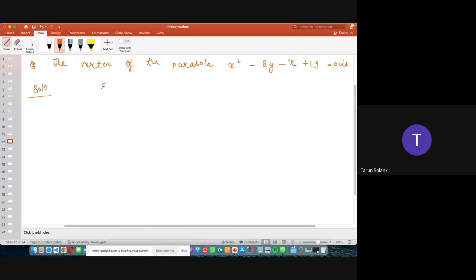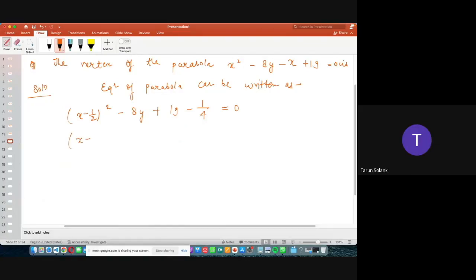So the equation of this parabola can be written as (x minus 1/2) square minus 8y plus 19 minus 1/4 equals 0.